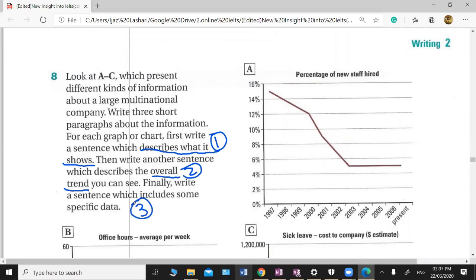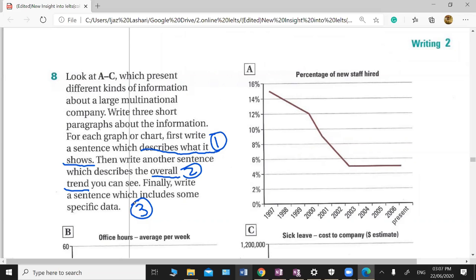So three sentences. The first sentence: what is this graph about? Number 2, the overall trend, meaning it is increasing or decreasing, or there is a rise or decline. The last one is something specific, from one time to another time.